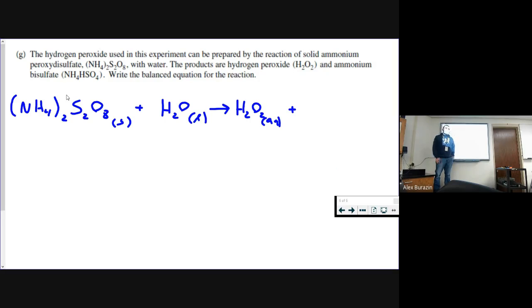They have 3 possible answers in their answer key for what they would accept. In reality, this should be dissociated, but that feels like a little overkill. So if you just write it out as it is, they'll accept it.